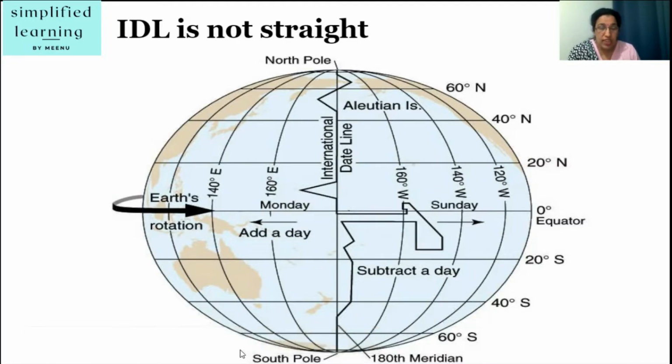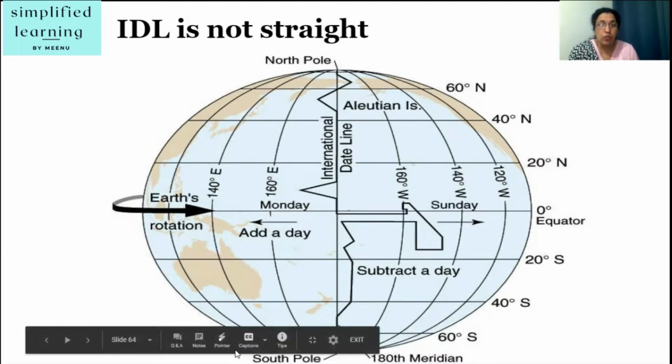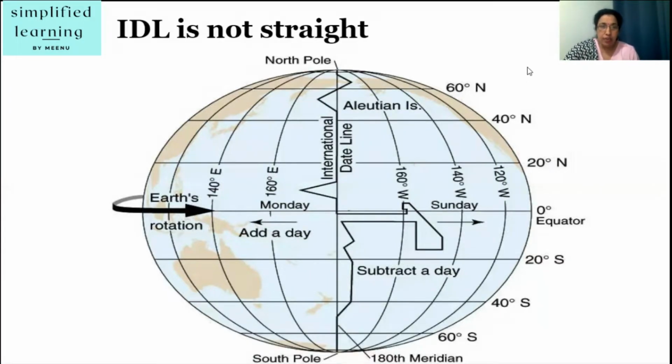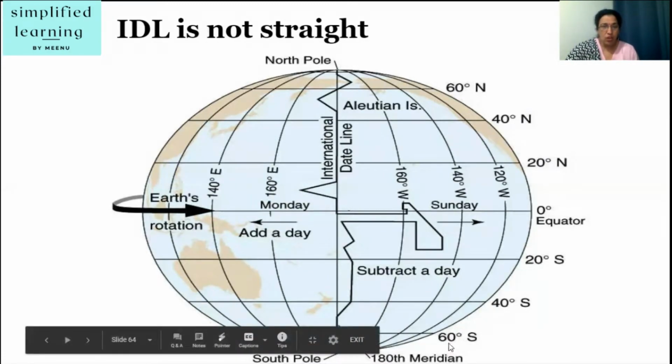So the international dateline has been drawn to unite the world's timetable and date to maintain uniformity across the globe. The international dateline marks the place where each day officially begins. At the international dateline, the west side of the line is always one day ahead of the east side, no matter what time of day it is when the line is crossed.